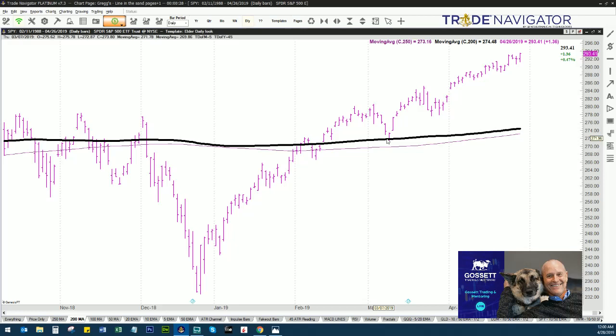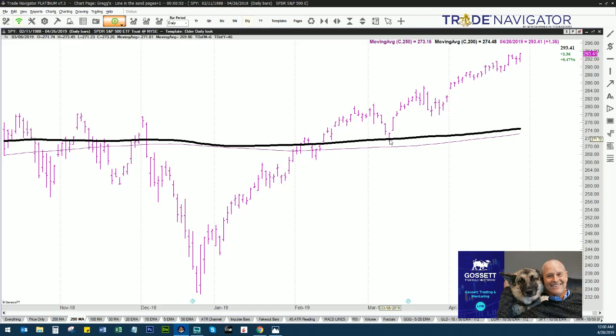So if something comes back down to it, I feel like there's a group and support of buyers there. Now, if it loses the 200-day moving average, it's kind of important, because all those buyers that came in at the 200-day were still not strong enough to keep it above the 200.